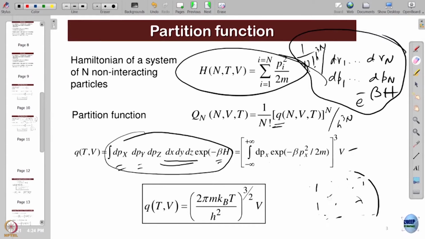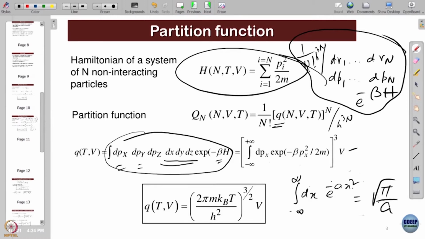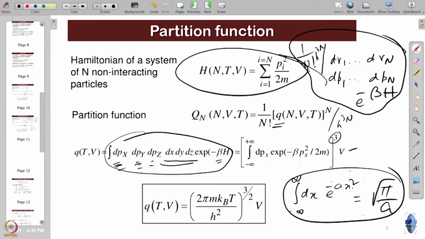Just bear with me for a minute. I know that the integral from minus infinity to infinity of dx e to the power minus a x squared is root over pi by a. That integral is used here. There are 3 integrals, because dpx, dpy, dpz are independent of each other, since the kinetic energy of one particle is px squared plus py squared plus pz squared over 2m. So, they are again uncoupled.